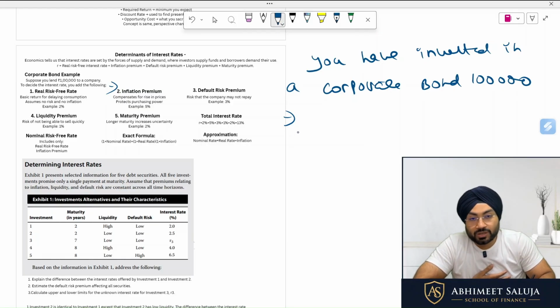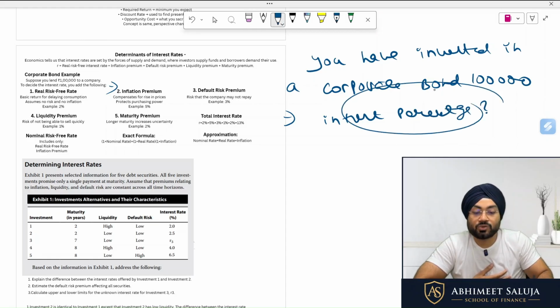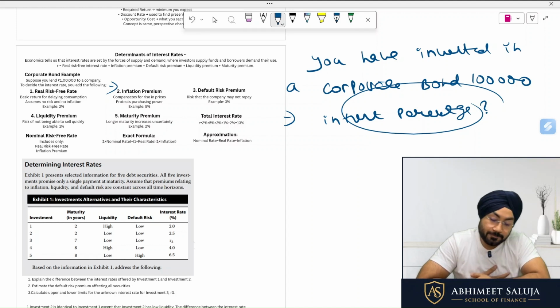You need some compensation, right? You need some interest. Now you're deciding that interest percentage. What should be the interest percentage that you should get because you have lent the money?